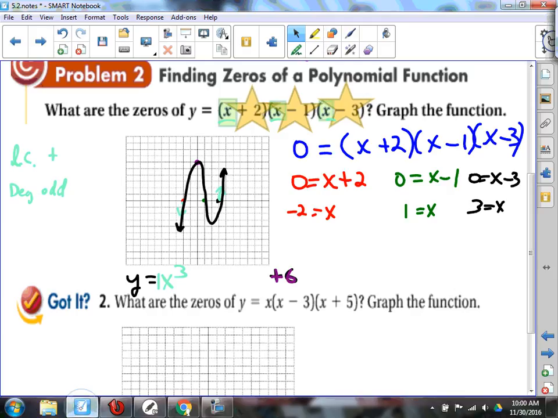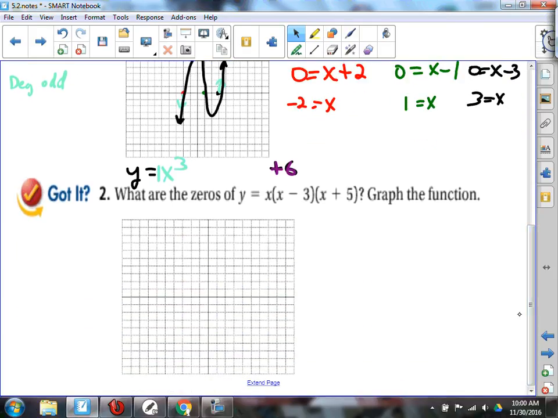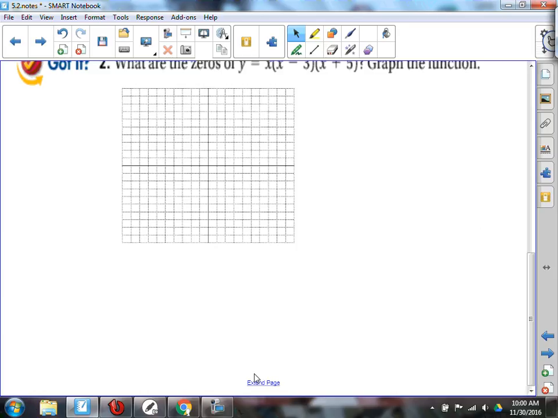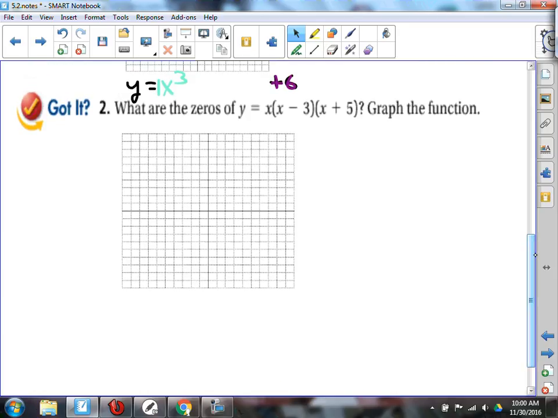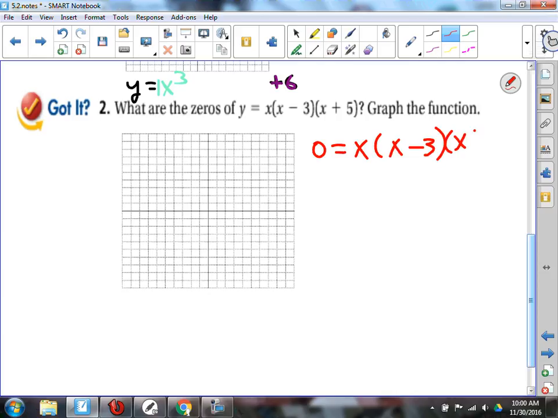Okay. All right. So in this guiding, a lot of people forget what happens here. We have 0 equals x times x minus 3 times x plus 5. Some people, for whatever reason, seem to think that the x there is irrelevant.